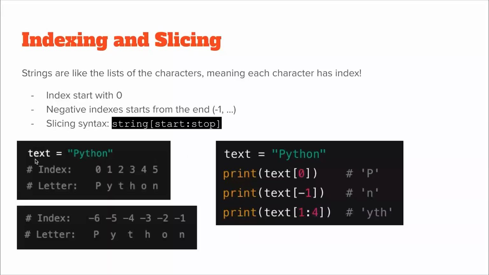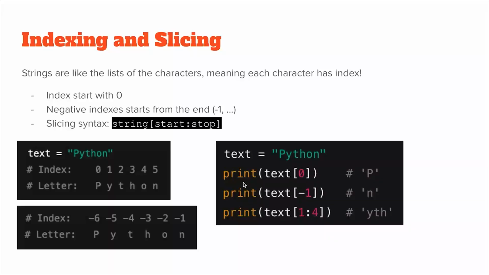For example, given the text string Python, if you look at the index for each character, P would be 0, Y would be 1, and so on, until N becomes 5. We also have a negative index for each character, which starts from the end at negative 1. So N becomes negative 1, O becomes negative 2, and it goes on, and P becomes negative 6.